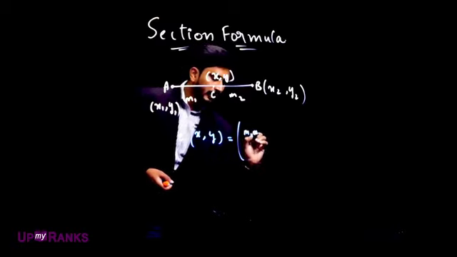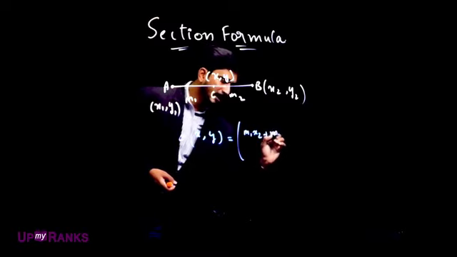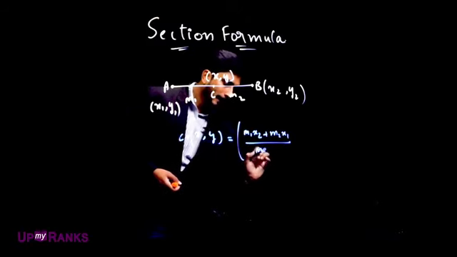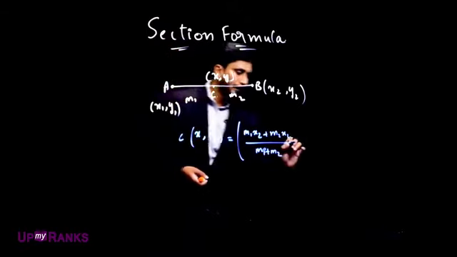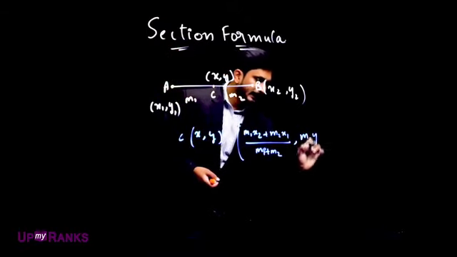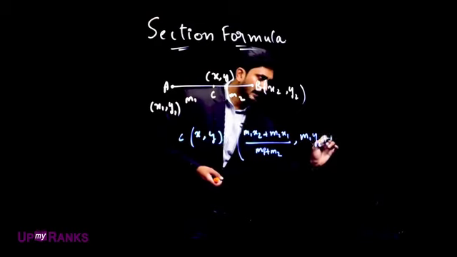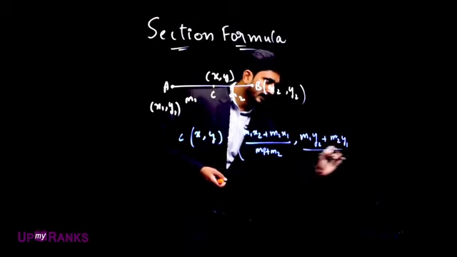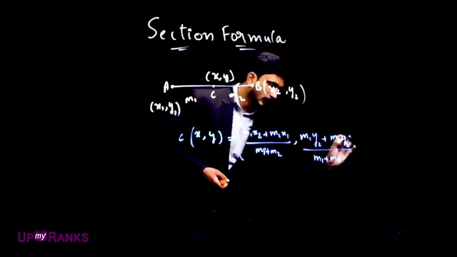(m1 into x2 plus m2 into x1) divided by (m1 plus m2), comma, (m1 into y2 plus m2 into y1) divided by (m1 plus m2).